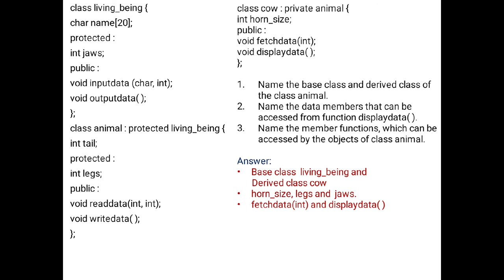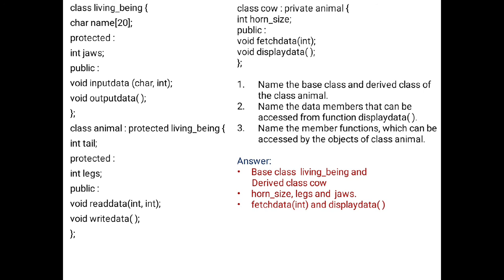So here the class cow can access the member functions of the class animal, but when it is written inside the class cow declaration, then the data members and member functions of the class animal will change from protected to private and public to private.